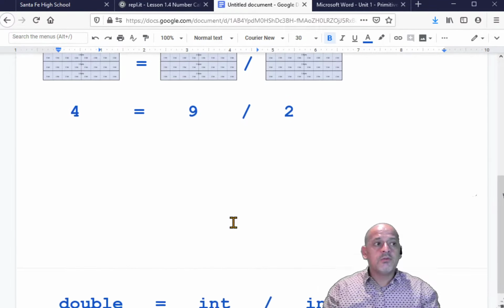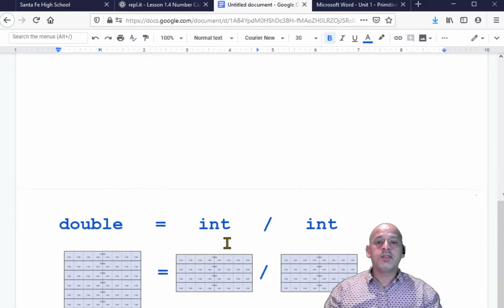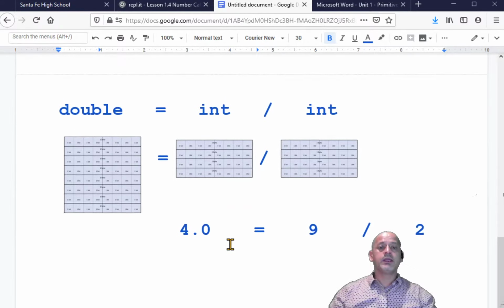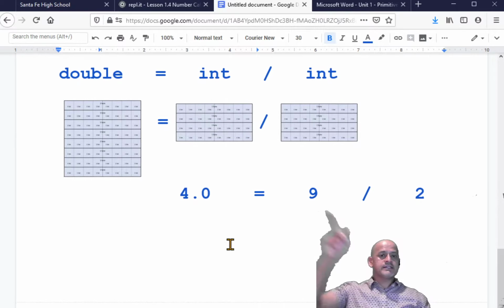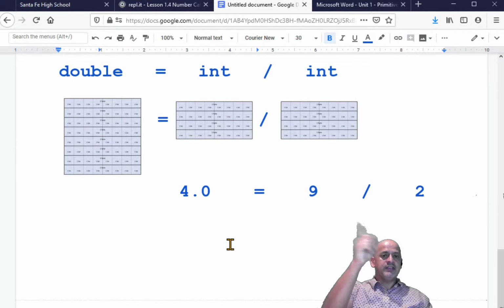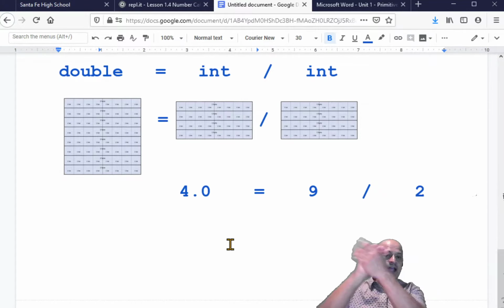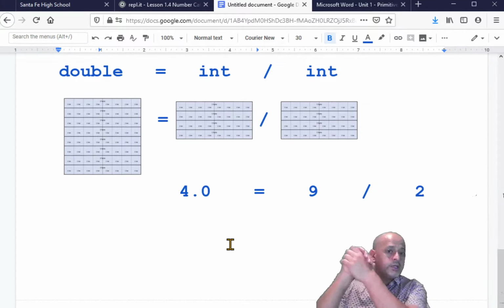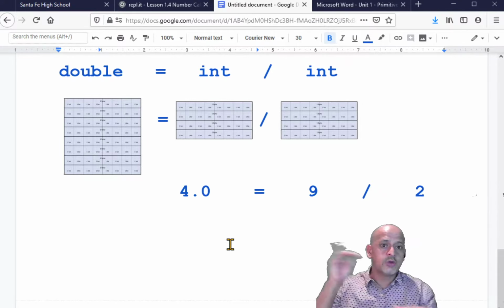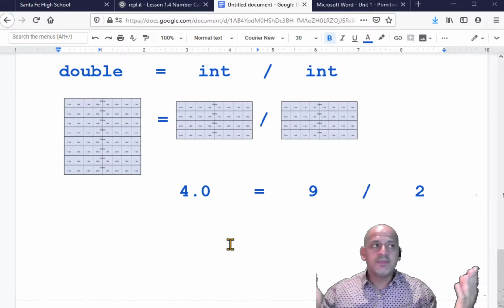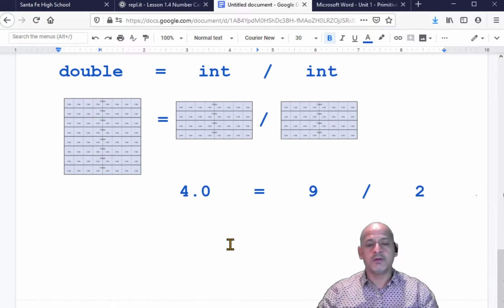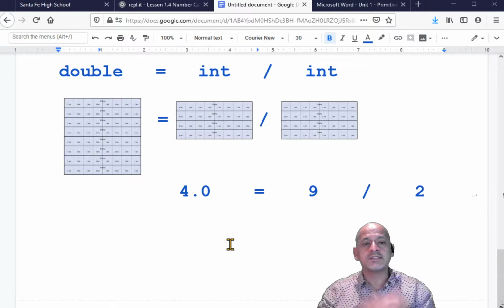In order to avoid this, we might think that we can do it the following way, but no, because of order of operations, this gets calculated first, 9 divided by 2, and because they both are integers, it's going to get the answer first, which is going to be an integer, and then it gets stored into a double. But that's not going to be good enough because we already lost the decimal place.